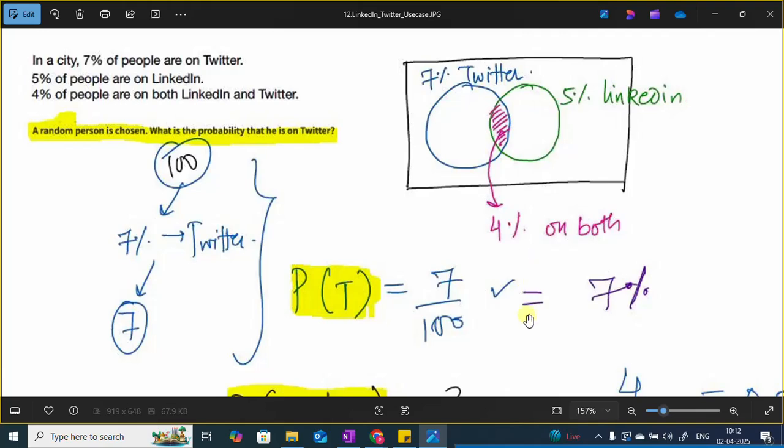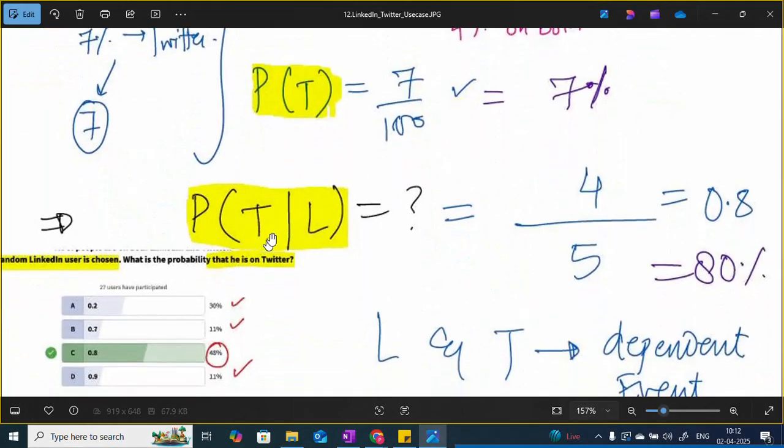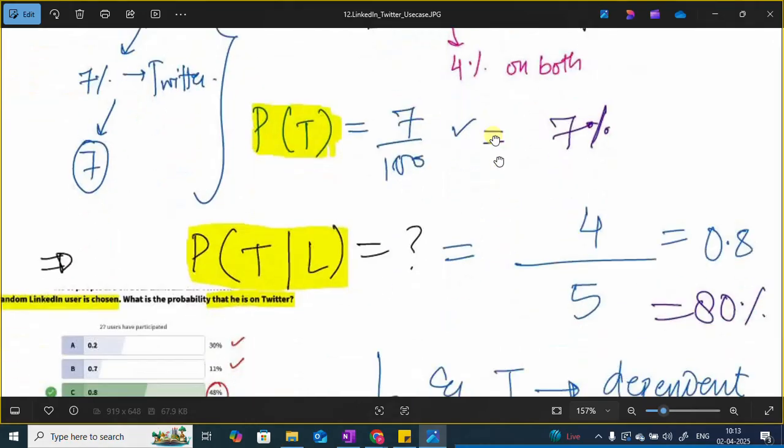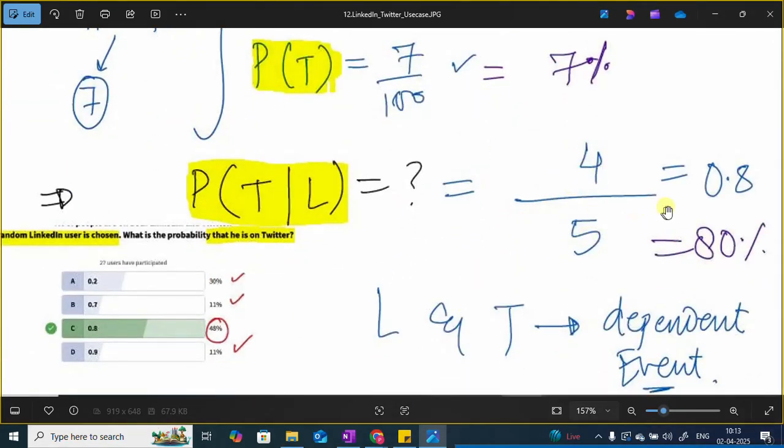So it's nothing but probability of Twitter given LinkedIn, which is this common part, 4, divided by this green color part, 5. 4 divided by 5 is nothing but 0.8, which is 80 percent. So the final probability is nothing but 0.8. This is the value.